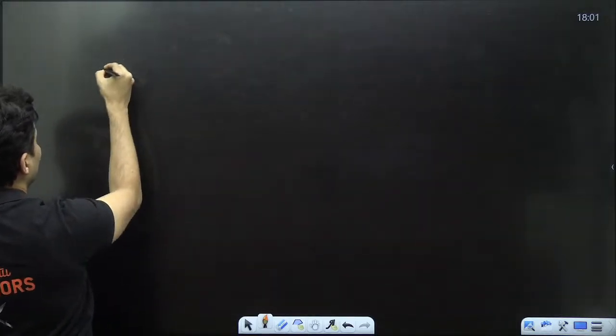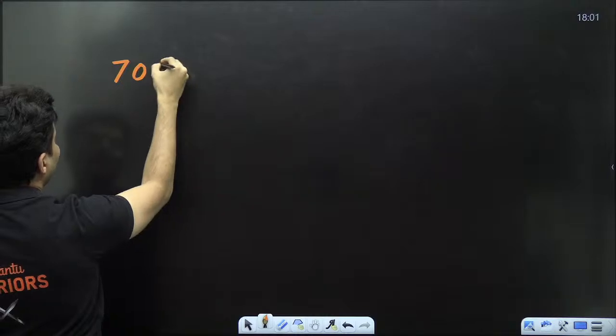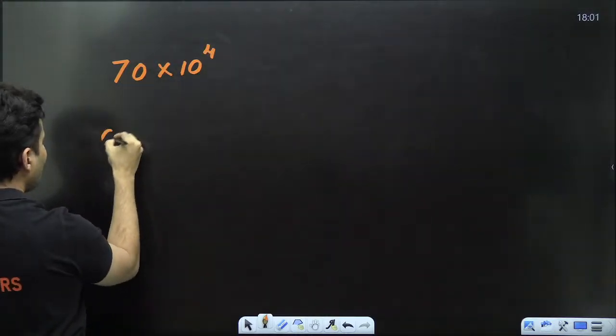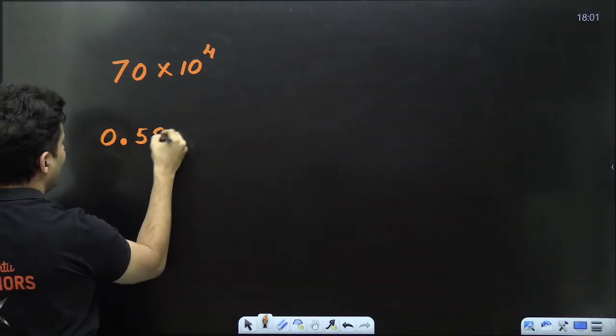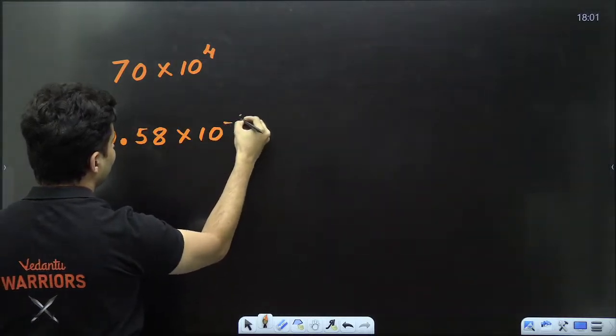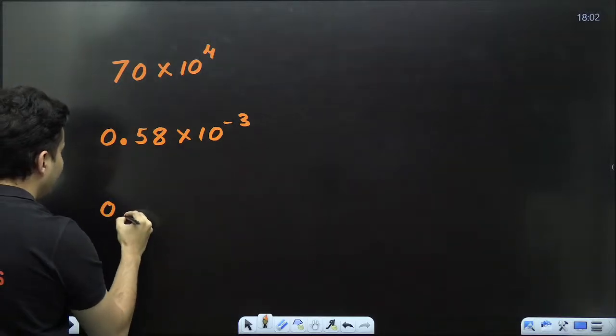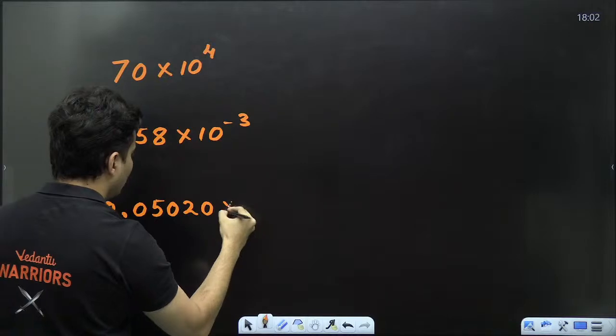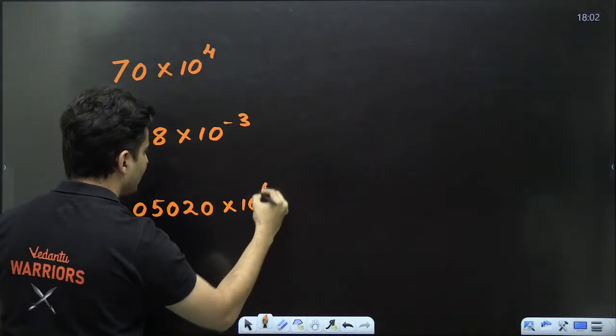If I have something like 70 into 10 to the power 4, or let's say 0.58 into 10 to the power minus 3, or 0.0502 into 10 to the power 6.